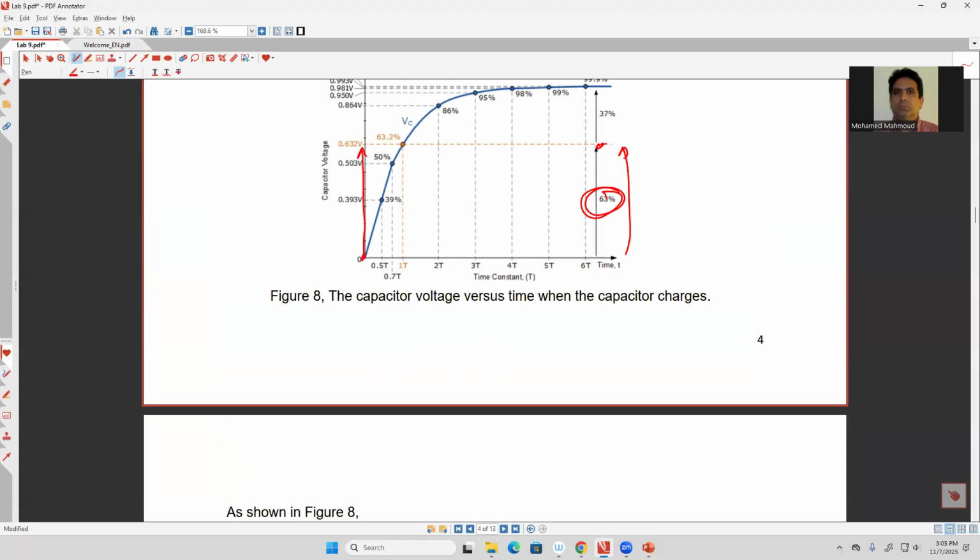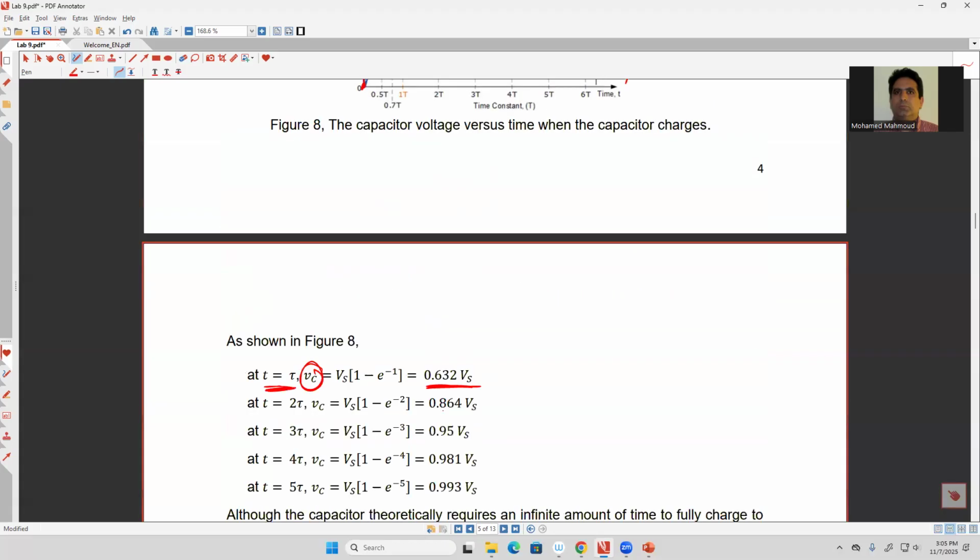Then after 2 taus, it's going to be 0.8, after 3 taus, 0.95, and after 5 taus, in this case where Vs equals 4 volts, it should be 0.993 times 4 volts.